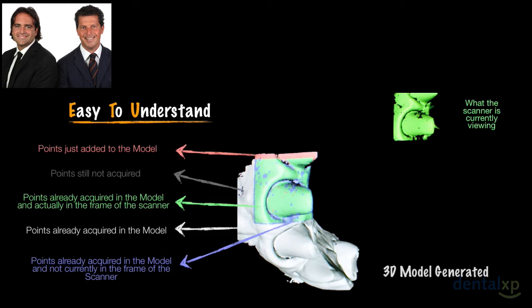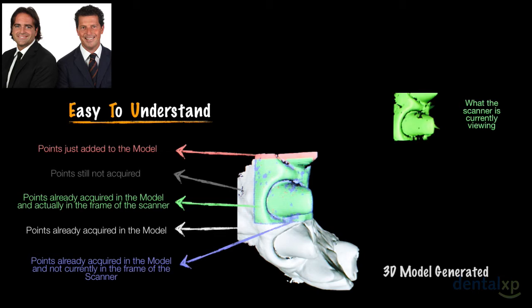On the top right you can see a green area that is exactly what the scanner is currently viewing. You can see, for example, also some orange points, and we're going to see it later during some videos that I will show you, that are basically the points that are just added to the model.